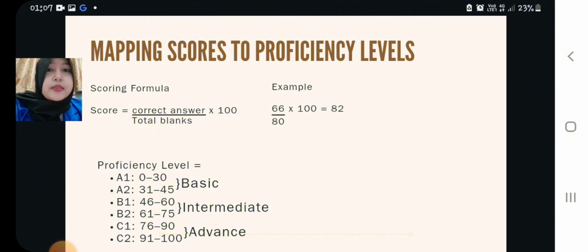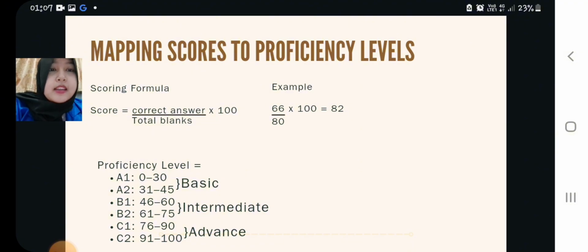So for example, 66 is the correct answer divided by 80. 80 is the total blanks on my C-Test, and then multiplied by 100, and the result is 82. So that one student got 82 score on the C-Test.